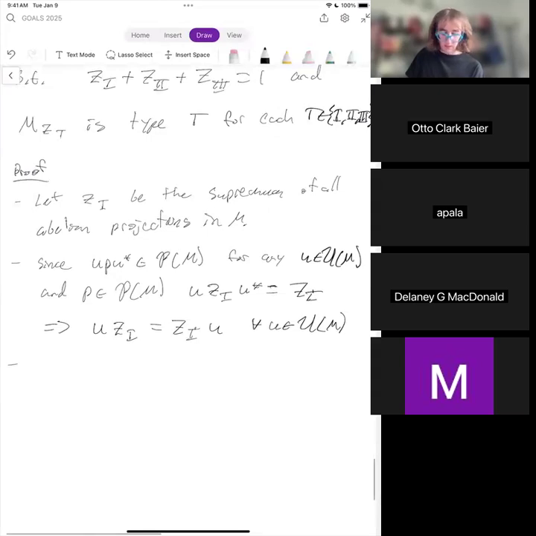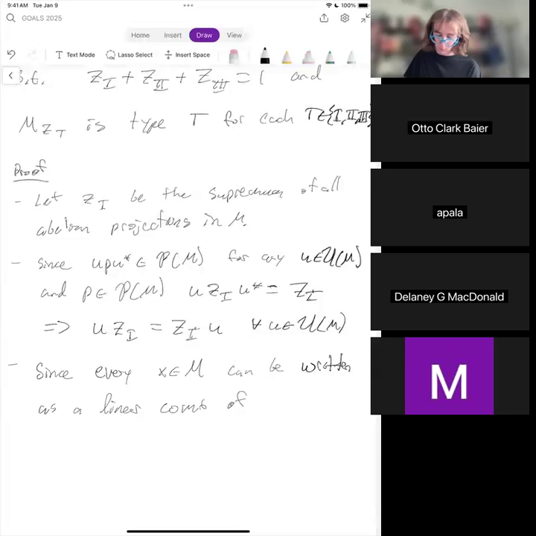And then since every operator in M can be written as a linear combination of 4 unitaries, this implies that the supremum projection is in the center of M.